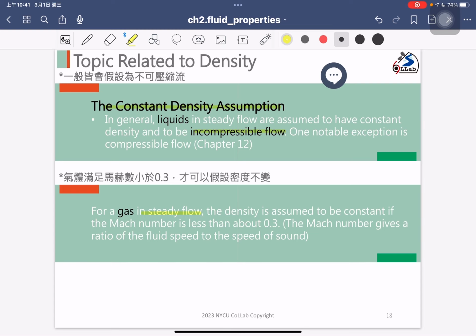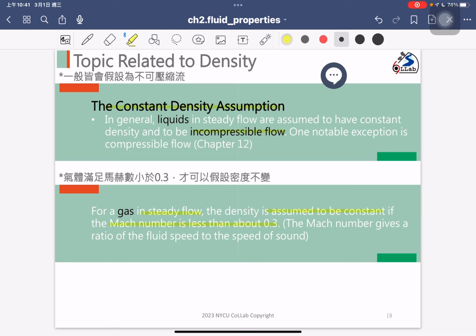So if the gas is in steady flow, that means the properties don't change with time, and as a result the density is assumed to be constant. But you should satisfy a certain condition: the Mach number is less than 0.3. What's the Mach number, as we learned before in high school?